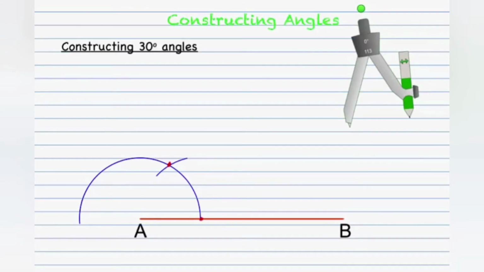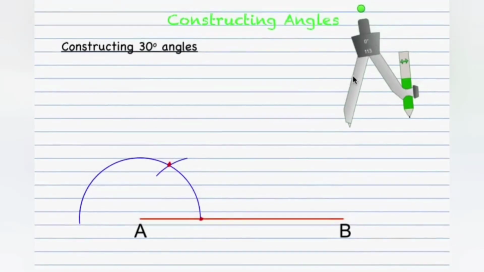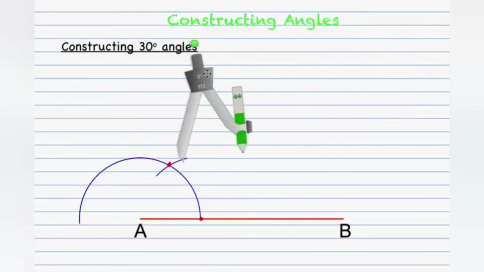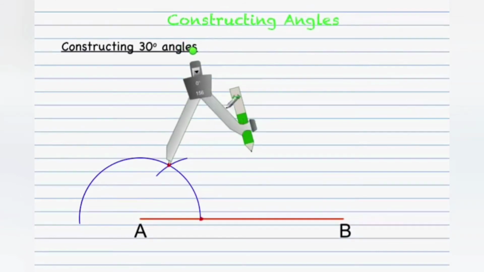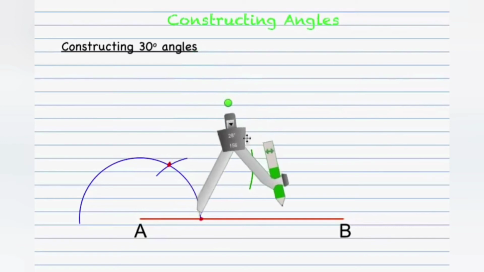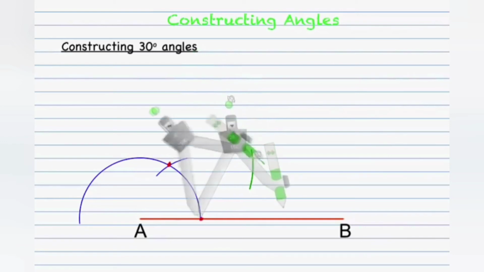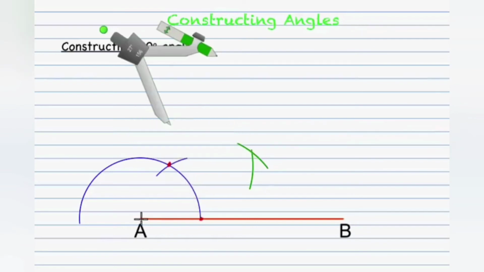what you will need to do is to put the tip of the compass on the point formed by the arc and the semicircle. Open it up a bit and create an arc half in between. Now move the compass to the bottom part of the angle where the semicircle intersects the straight line and make an arc to cut the first arc.